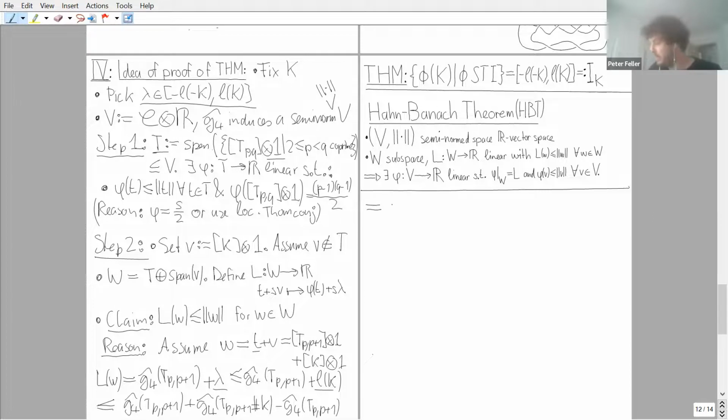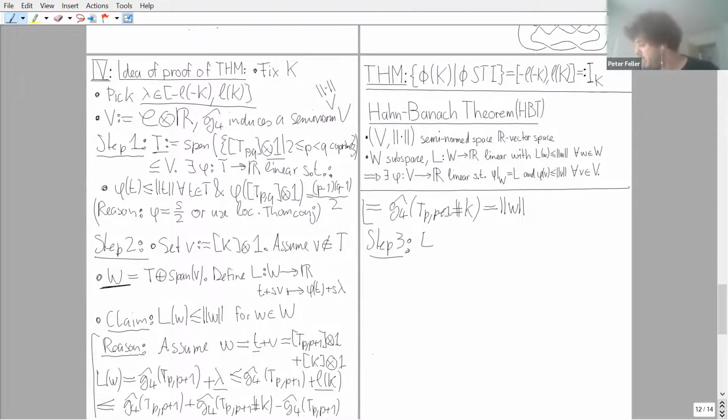But practically enough, that's just the stable 4-genus of T_{P plus 1} connect sum K. But this is actually by definition what the norm was of my element. So I have shown my claim, and I have convinced you there's a linear map defined here. And now you're done.